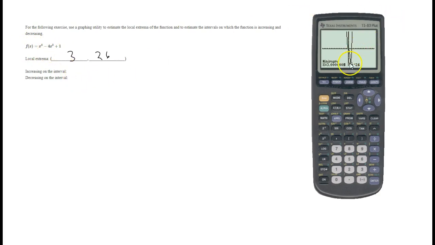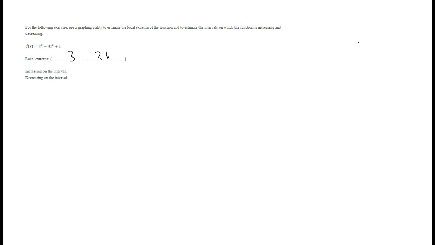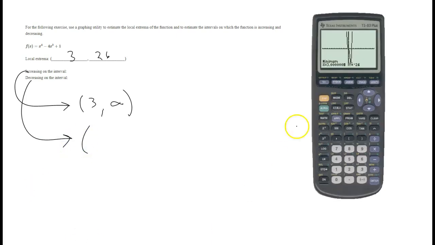So my increasing interval is from 3 to positive infinity, and I'm going to write it down here: 3, comma, positive infinity. That's my increasing interval. And then my decreasing interval, again, let me bring my calculator back up, is going to be from negative infinity to 3.